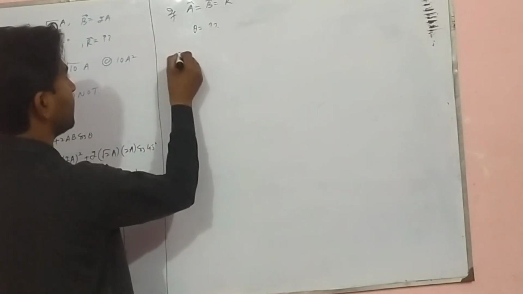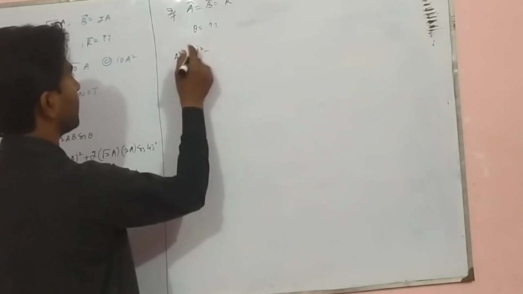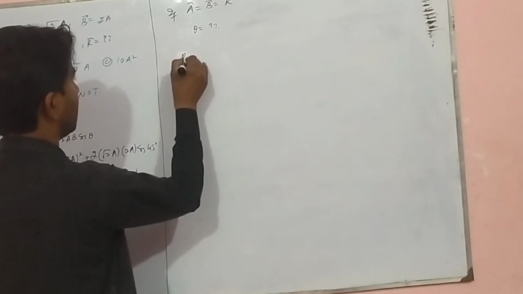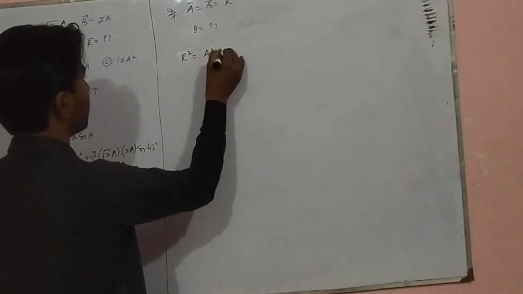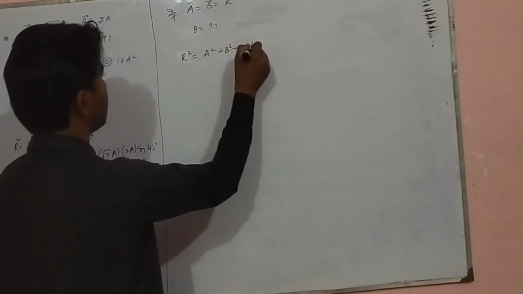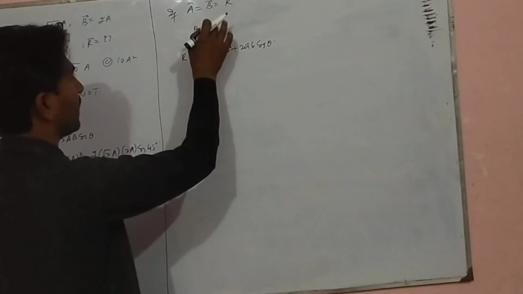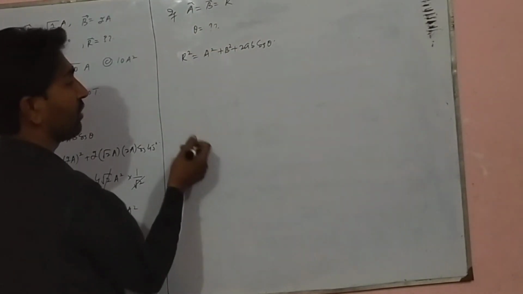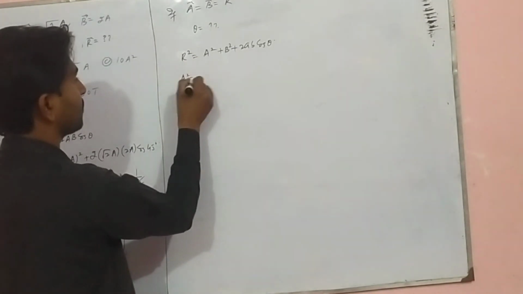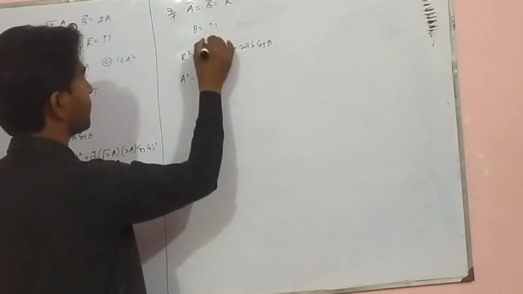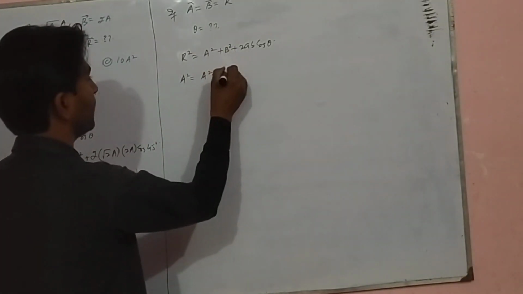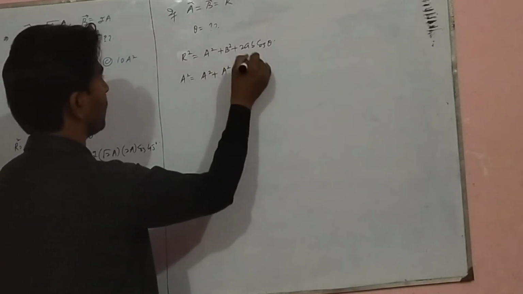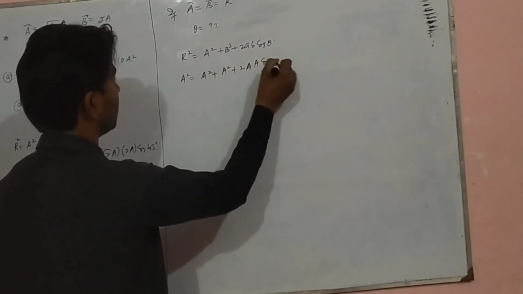So R square is equal to A square plus B square plus 2AB cos theta. If the vectors are equal, then we use A in place of R. So this will be A square, and also we use A in place of B: A square plus A square plus 2A again A cos theta.